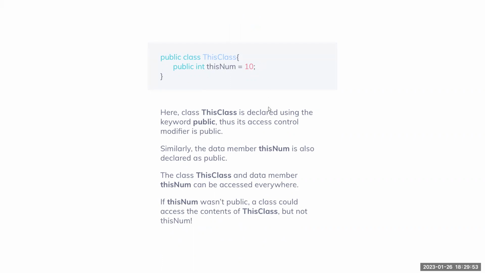That means this class is declared using the keyword public, so its access control modifier is public. So it can be accessed from anywhere. And it has a data member also, this number, which can also be accessed from anywhere. Everywhere.